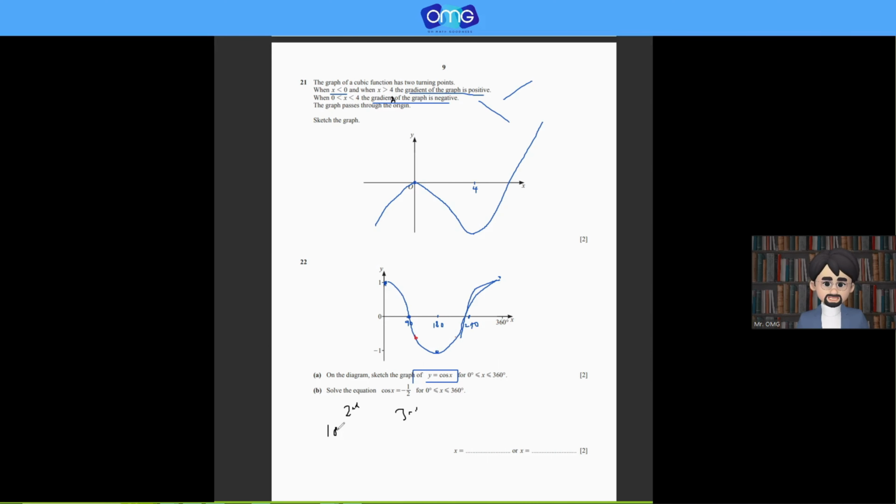Second quadrant is 180 minus x, third quadrant will be 180 plus x, and cos inverse half is 60 degrees if you use a calculator. Yeah, so to count this, 180 minus 60, which is 120 degrees, that's the first answer. Look at this, 120. Yeah, and the other one is 180 plus 60, which is 240 degrees, and that's the answer.